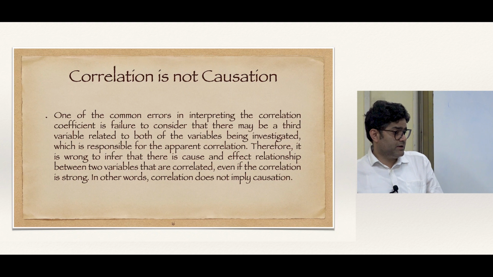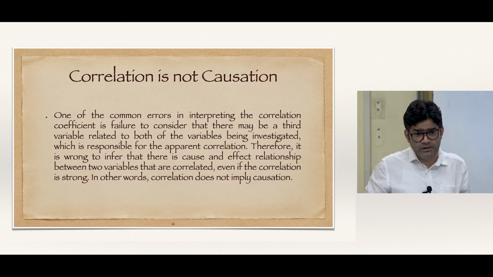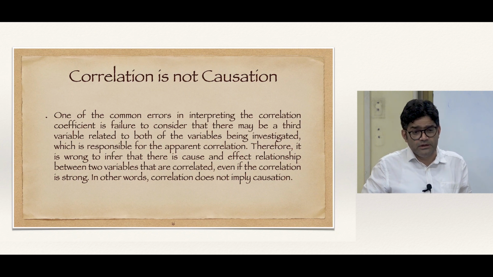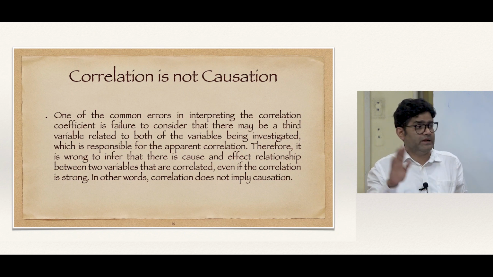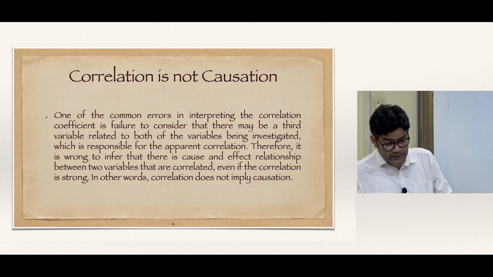So whenever we are dealing with correlation, it is just telling you that there exists a relationship. That relationship should be explored in the light of confounding variables and interaction variables. There should not be any confounding or any interaction between the response and the independent variables.